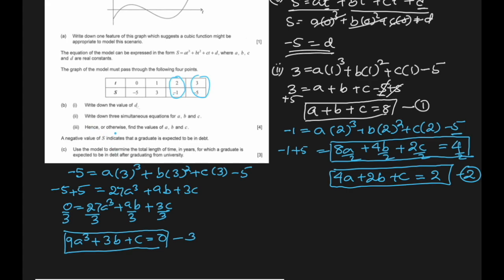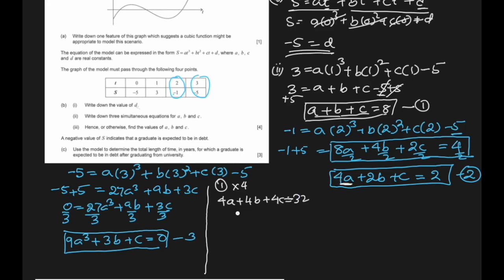Now they're saying hence or otherwise find the values of a, b, c. There are some methods by which we can do this, but we will use these 3. So this is a plus b plus c equal to 8, equation number 1. If I multiply this by 4, it will become equal to this, right? So let me write it. Equation number 1 multiplied by 4 becomes 4a plus 4b plus 4c equal to 32.